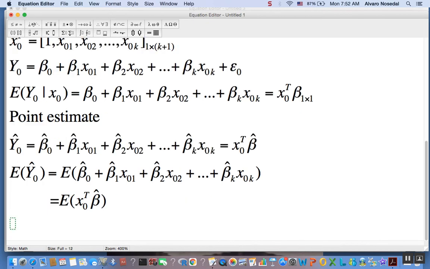So that's what we're going to be doing here. Then this is just x0 transpose times the expected value of beta hat. But now you remember that the expected value of beta hat is just beta, right?